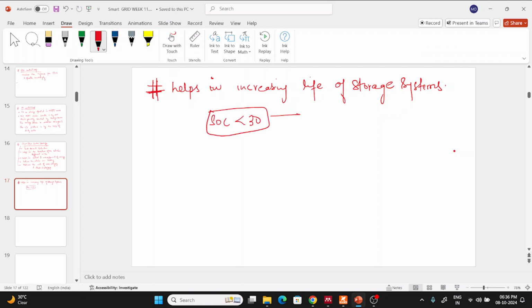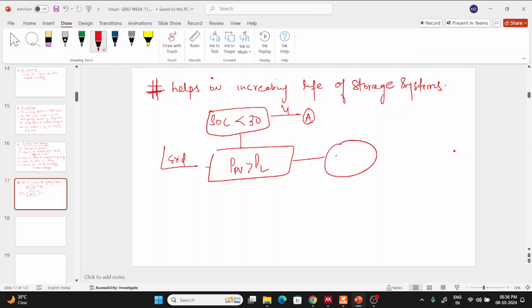If yes, then we will go towards A. If it's not, then we will check whether the PV generation is greater than P load. If it is not, then grid will supply the energy. If yes, then again we will check whether the SOC is greater than 90 or not. If yes, then we will go towards the strategy of load flow. Otherwise, different techniques will be applied.